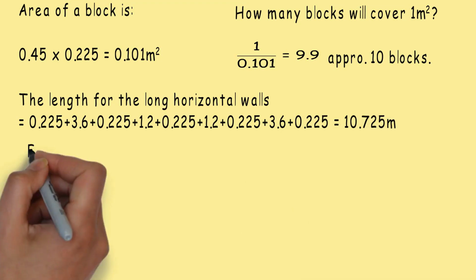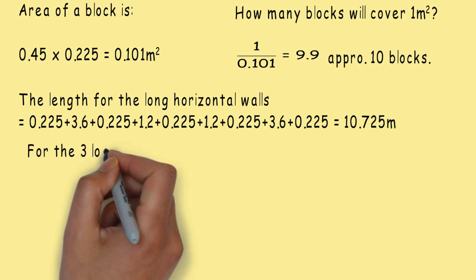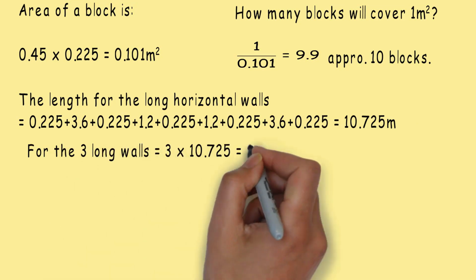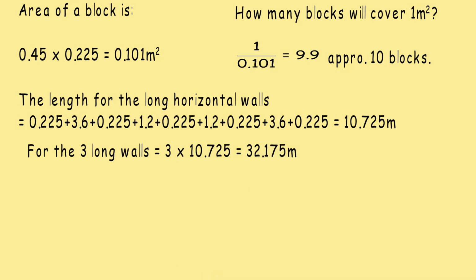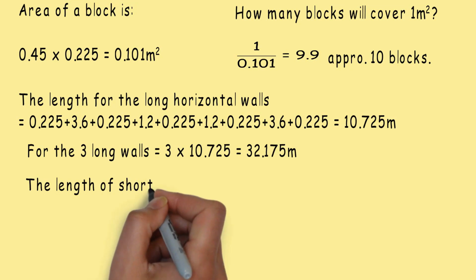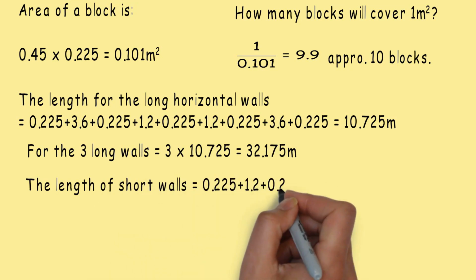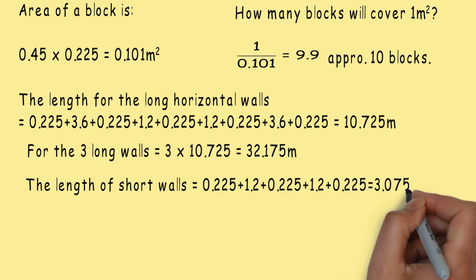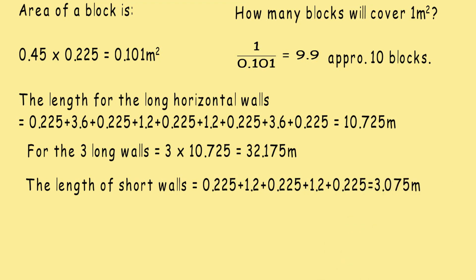For the 3 long walls, the total length will equal 3 multiplied by 10.725, which equals 32.175 meters. The length of the short wall equals 0.225 plus 1.2 plus 0.225 plus 1.2 plus 0.225 equals 3.075 meters.